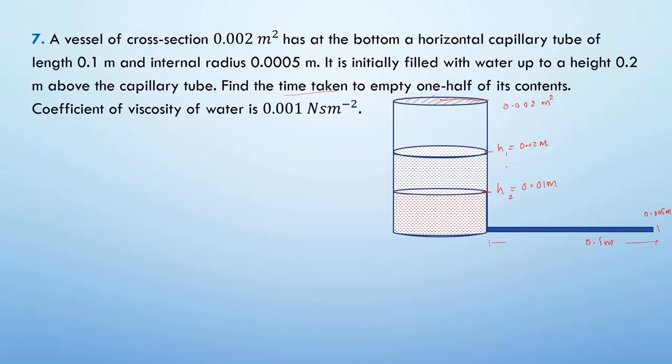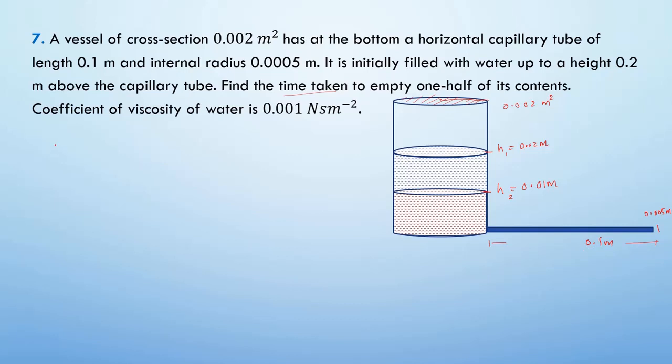For this case, the pressure difference changes because the height of the water column decreases with time. So the pressure difference between these two points changes with time. It changes as the height of the water changes. So we need to find a way to calculate the time taken.